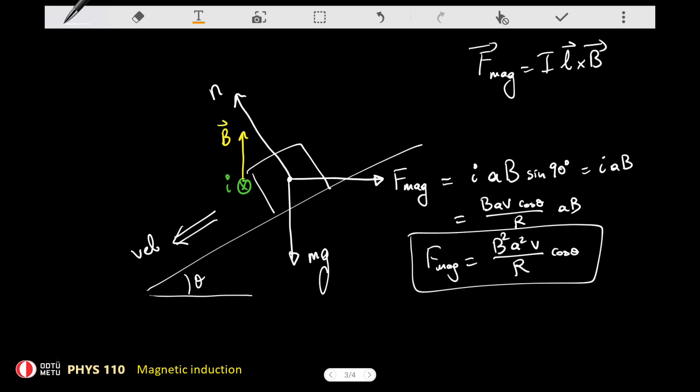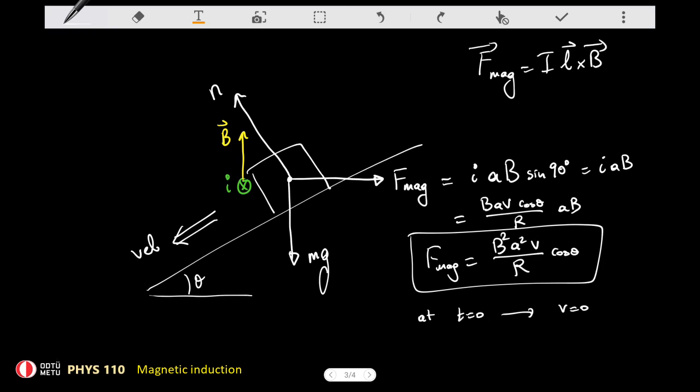So let's see what happens in here. Initially, of course, if you start from rest, the initial velocity is 0. In which case, there is no magnetic force. Magnetic force is 0 because force is proportional to the velocity.